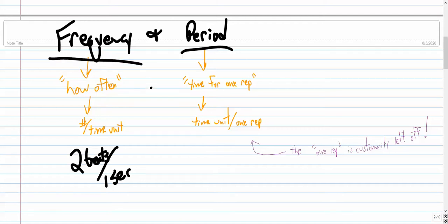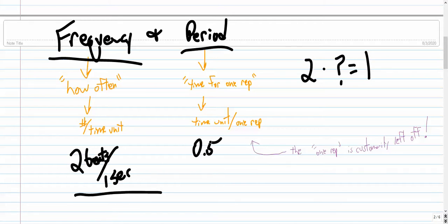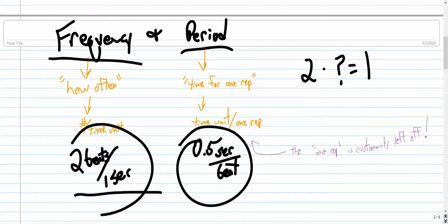Then you're like, oh, okay. So 2 times what equals 1? It must be 1/2 or 0.5. So if your heart is beating 2 beats per second, that means it's 0.5 seconds for 1 beat. See how that works? That's pretty slick, huh?